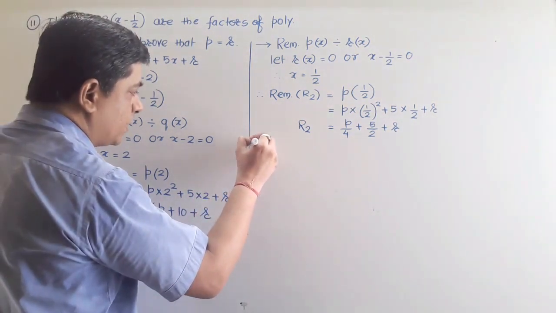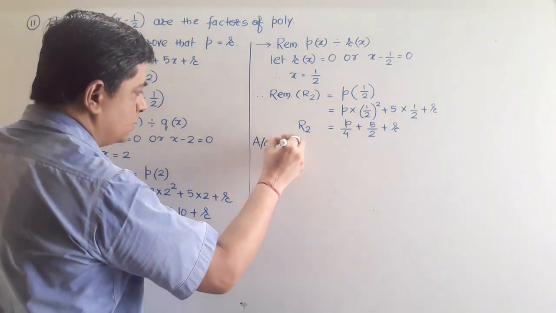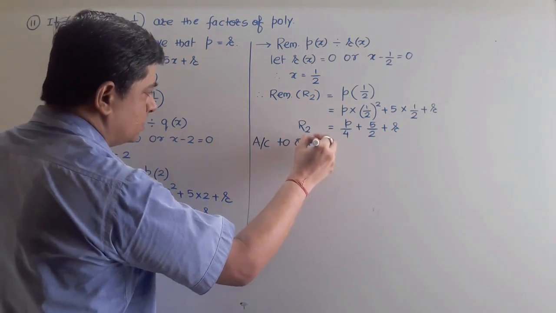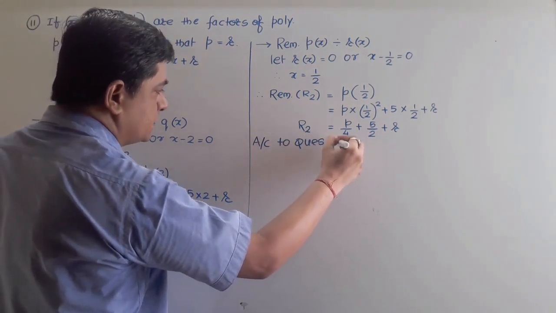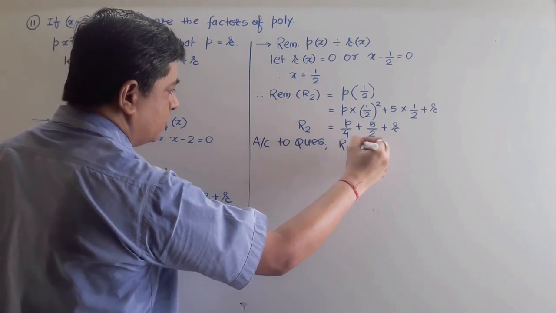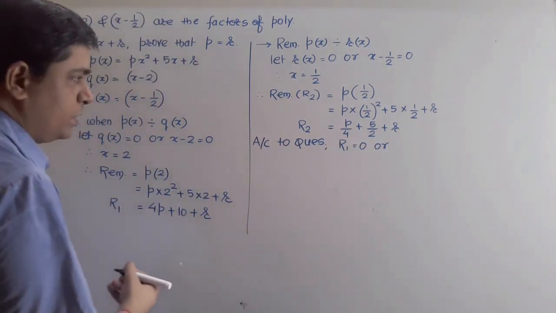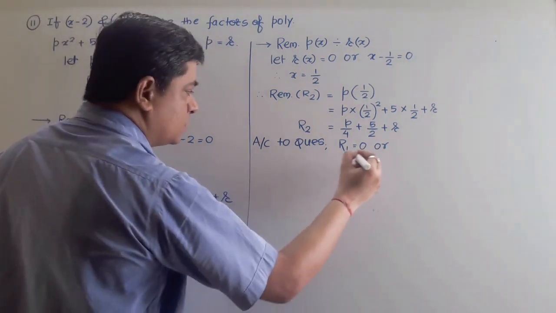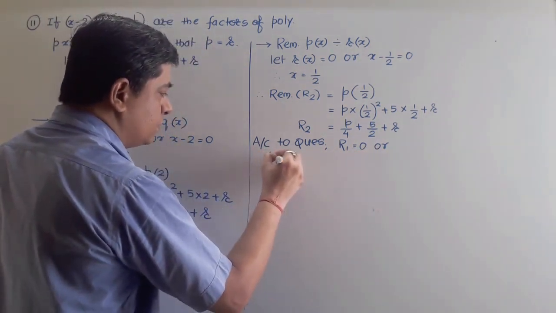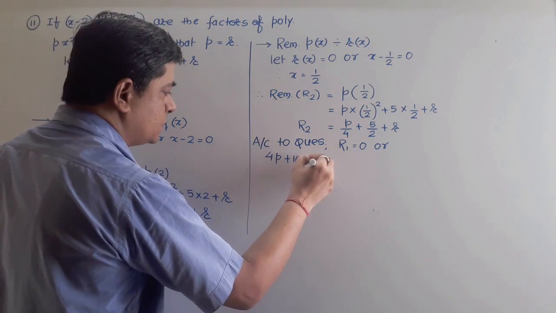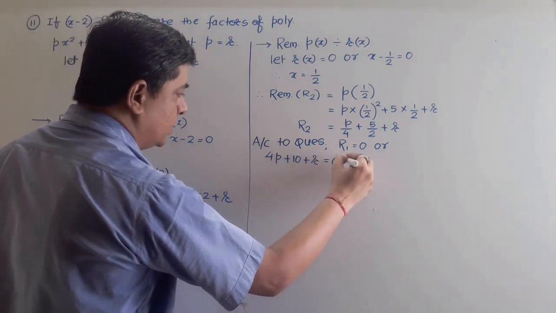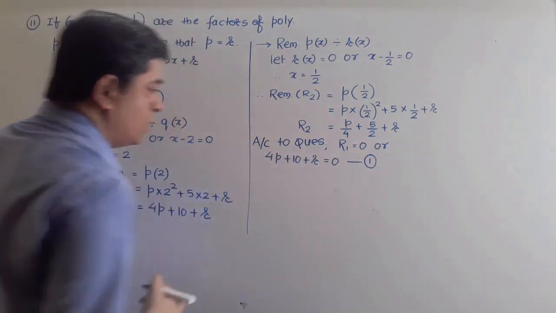So according to the question I can say r1 is equal to 0, or what is the value of r1 I have? 4p plus 10 plus r. So I can say that 4p plus 10 plus r will be equal to 0. This is my equation number 1.